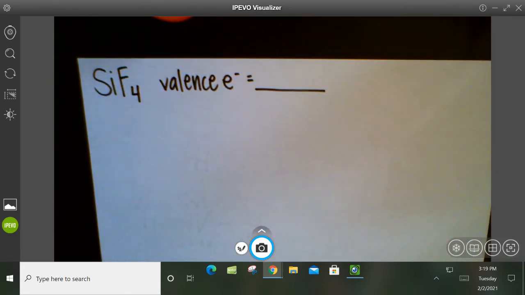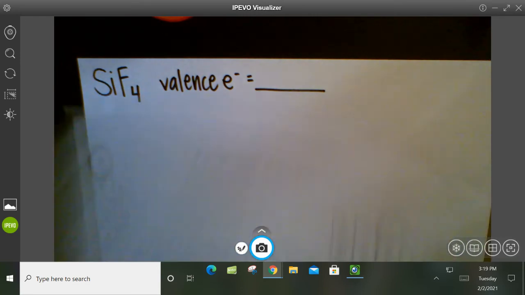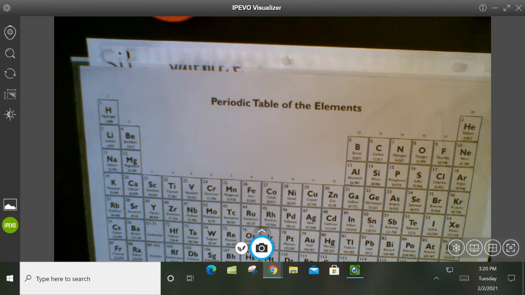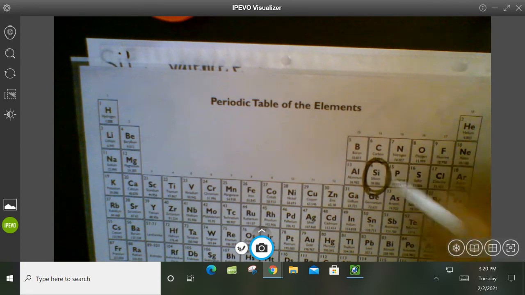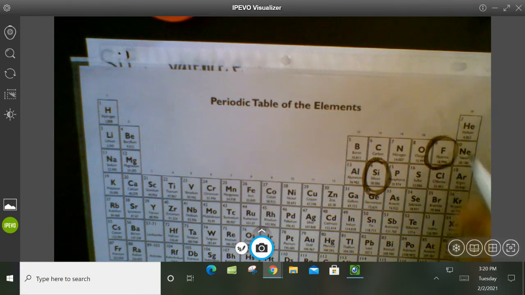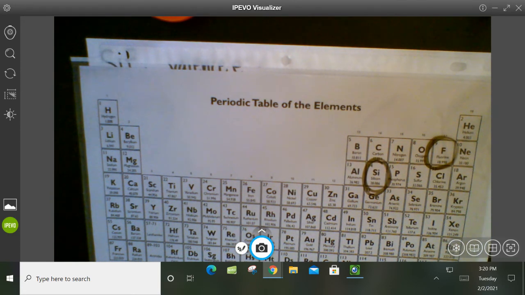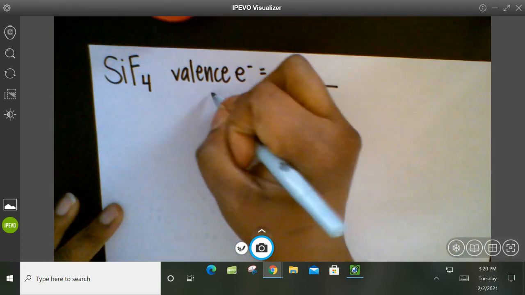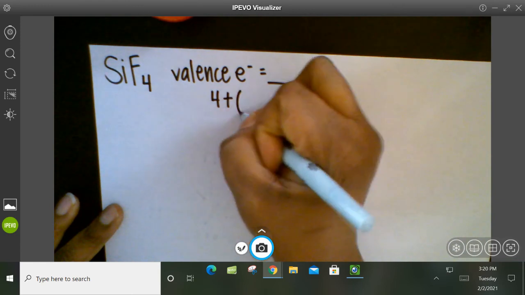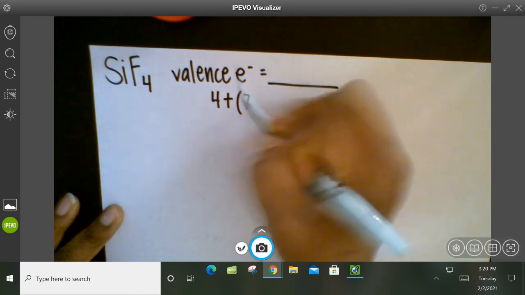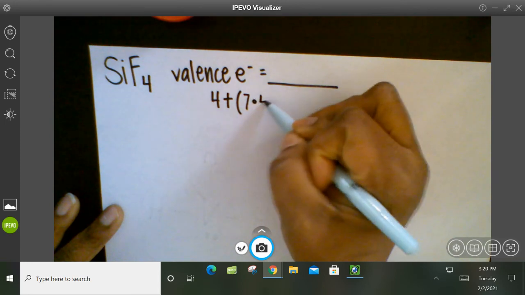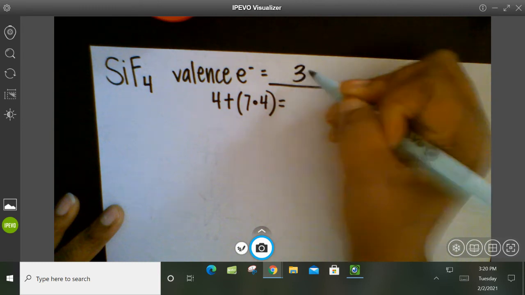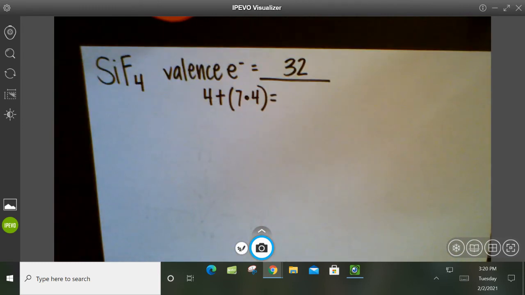Si, you look at your periodic table, Si is located in group 4, and F is in group 7. There's one Si, so that's going to be 4, plus F has 7 valence electrons, and I have 4 of these, so that's going to be 28. So 4 plus 28 is 32. I've got 32 valence electrons that I'm dealing with.